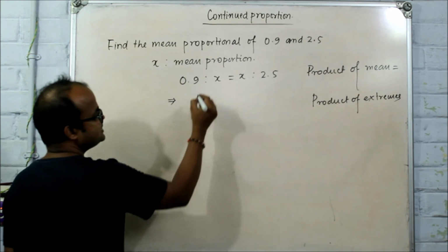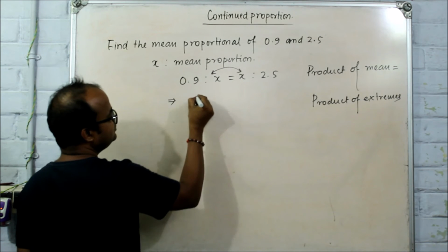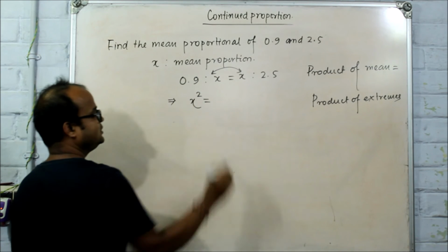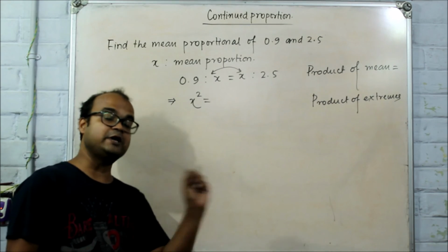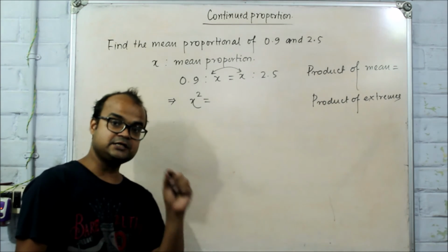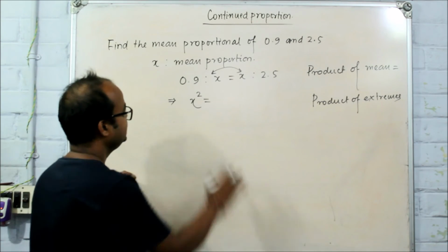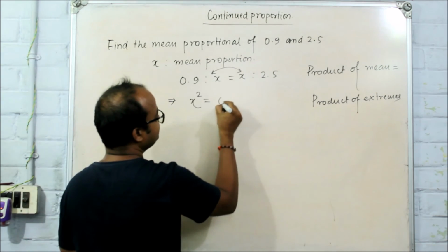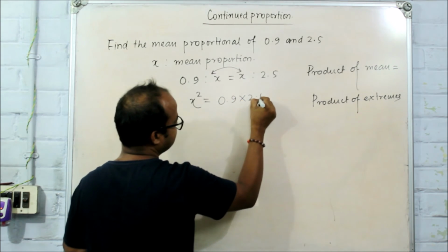Clear? So we can say that these are the means. X into x is equal to x square. Sometimes students commit the mistake that x into x means 2x. X into x multiplication is x square. So this will be equal to 0.9 into 2.5.